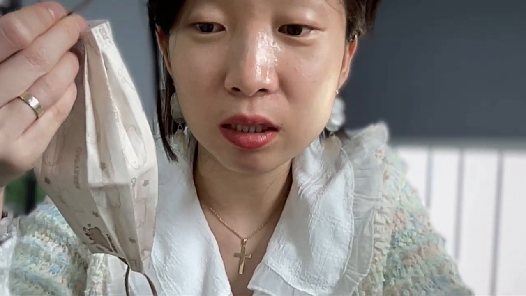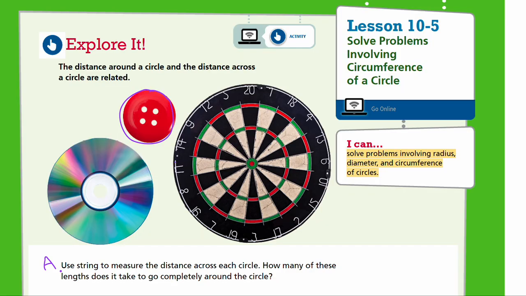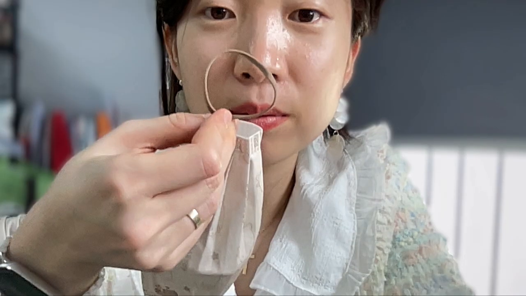So then let's look at the dartboard we have. It's going to be really big. My string is not long enough for that. But if I use my mask to measure it, maybe it would be about this big.